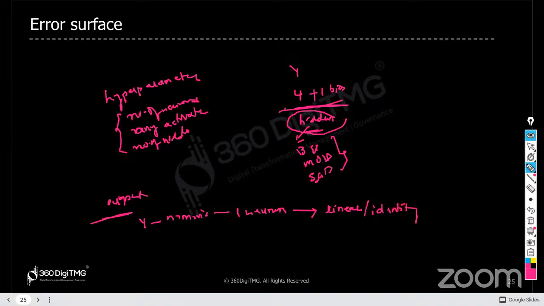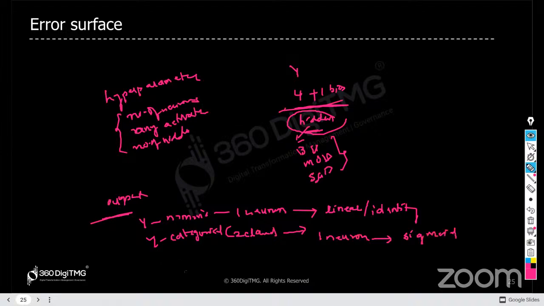You have a lot of different activation functions you can go through, but the most useful things we are talking about. When you have your output variable as numeric, then you will have one neuron and you will use the activation function that is linear or identity. When you have your output variable as categorical, which is having two classes, then you will use a single neuron and you will use the activation function that is sigmoid.